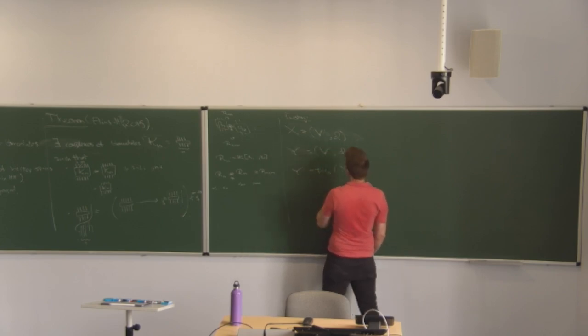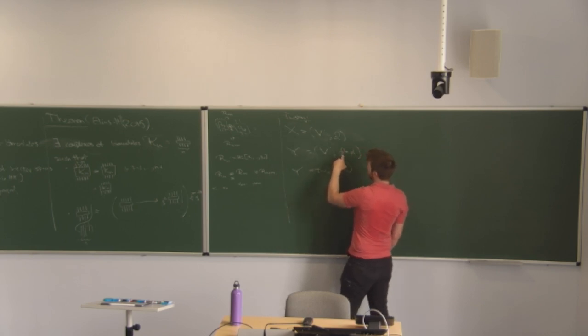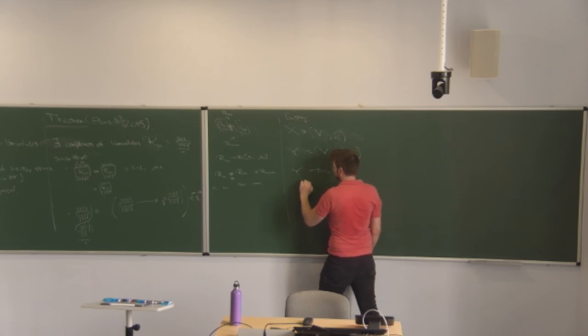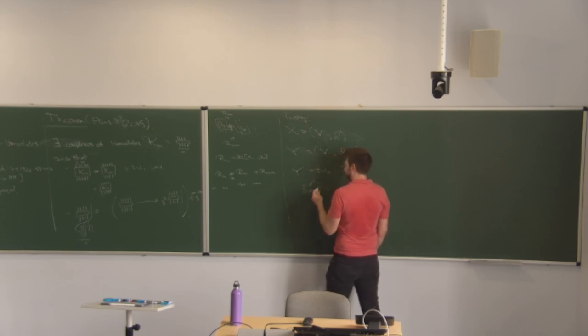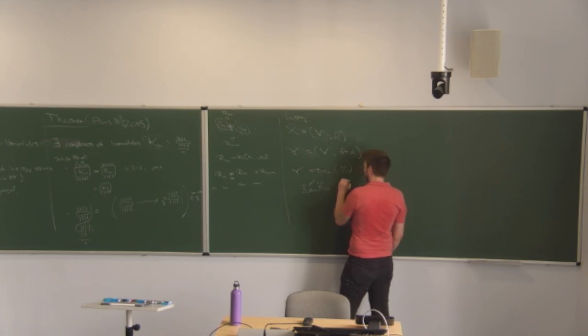The system of equations d squared equals 0 and d plus alpha squared is 0 is equivalent to the system of equations d squared is 0 and alpha satisfies a Maurer-Cartan equation.